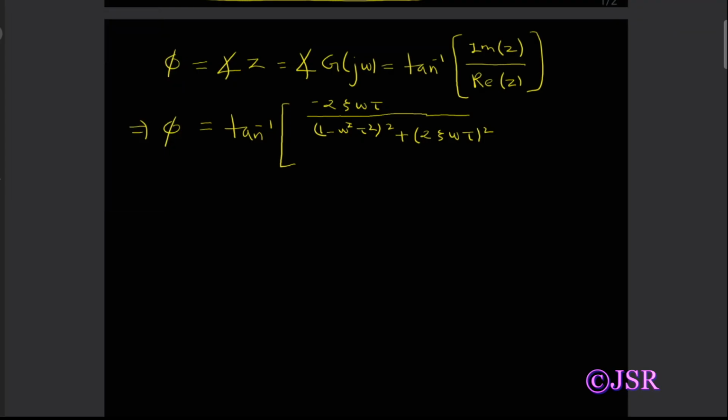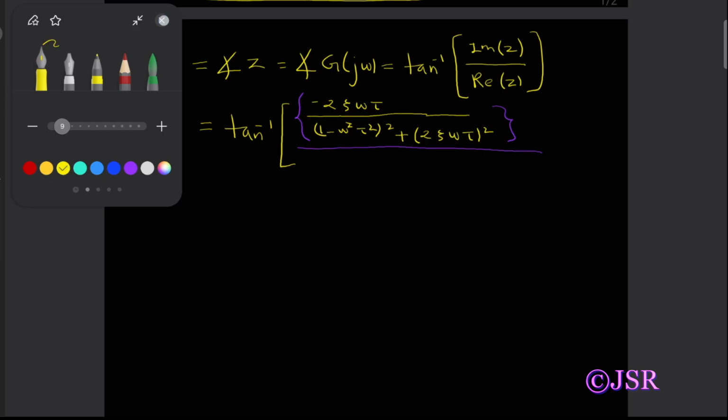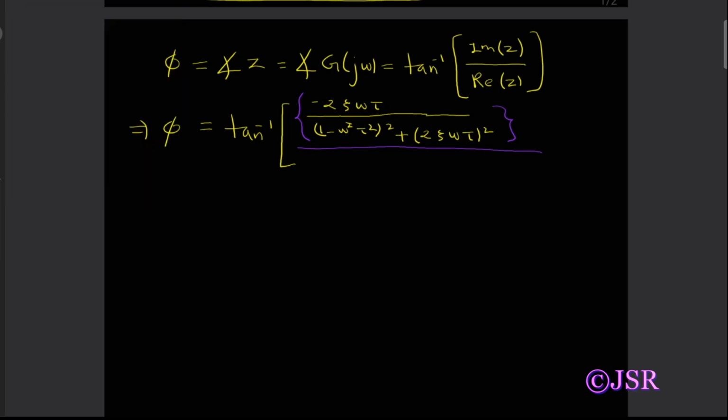This is the imaginary part of Z upon the real part of Z. The real part of Z is 1 minus omega square tau square upon 1 minus omega square tau square plus 2 zeta omega tau whole square.